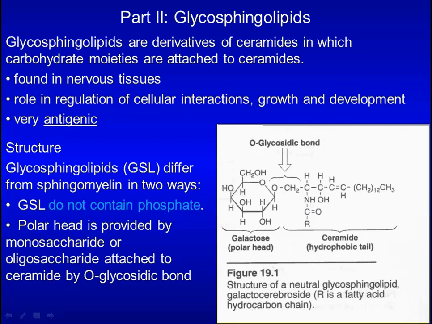Here is a structure of glycosphingolipid. This is a ceramide, and this is sugar. Glycosphingolipids do not contain phosphate. The polar head is provided by a monosaccharide or oligosaccharide attached to the ceramide through an O-glycosidic bond.